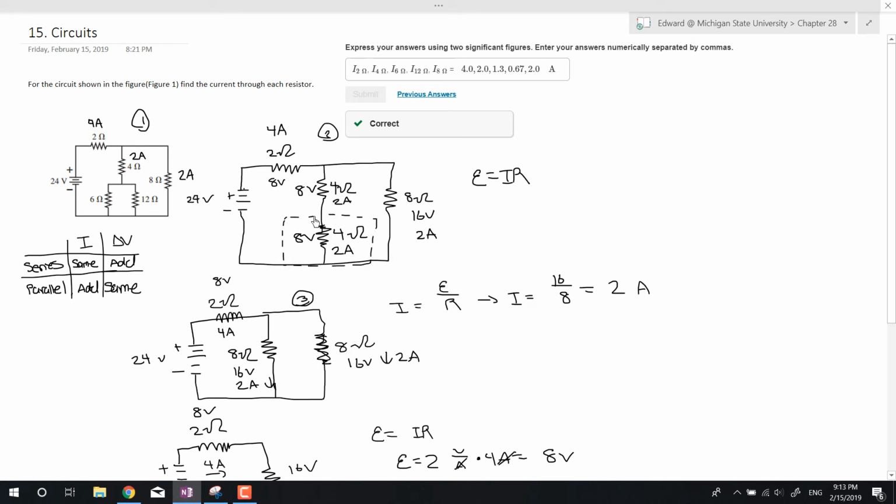So what remains the same in parallel? The voltage remains the same. So we know that this is 8 volts. That's 8 volts. So again, to find the current, it's just going to be the voltage divided by R. So it's going to be 8 divided by 6, which is 1.3 amps.